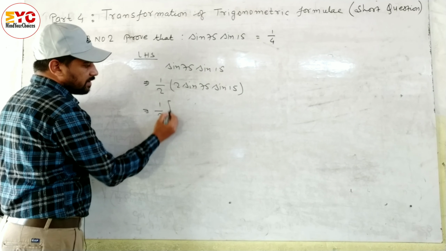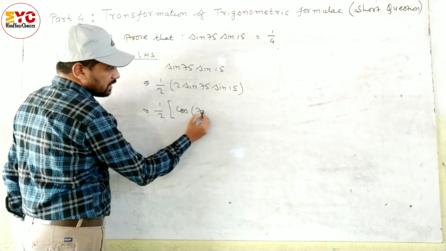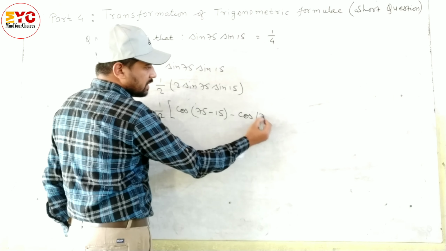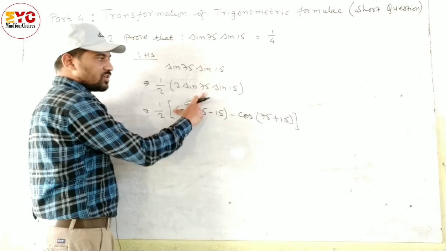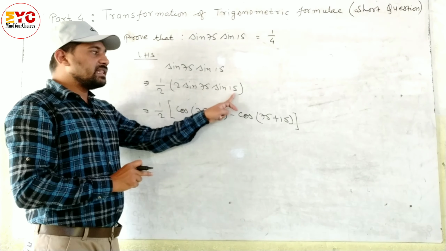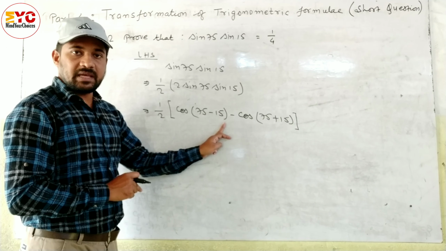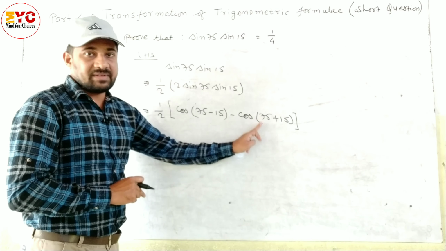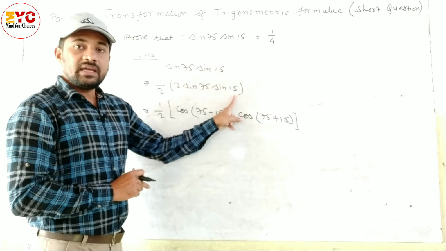Use the formula: 2 sine A sine B is cos A minus B, 75 minus 15, minus cos A plus B, 75 plus 15. In the place of A, 75, and in the place of B, 15.